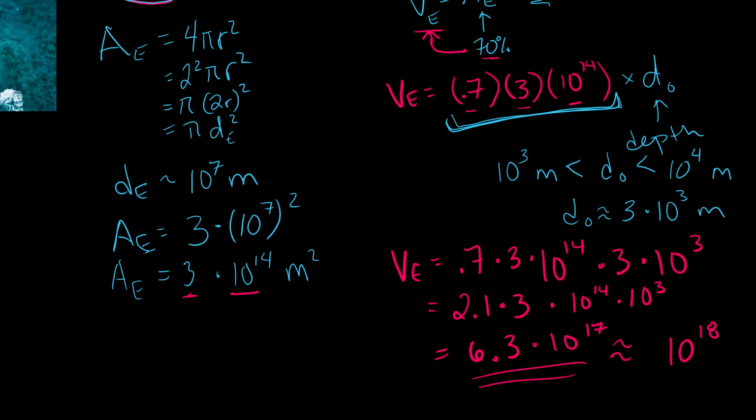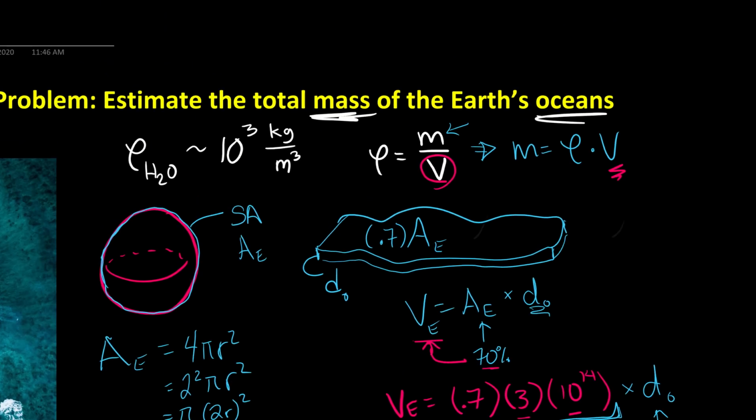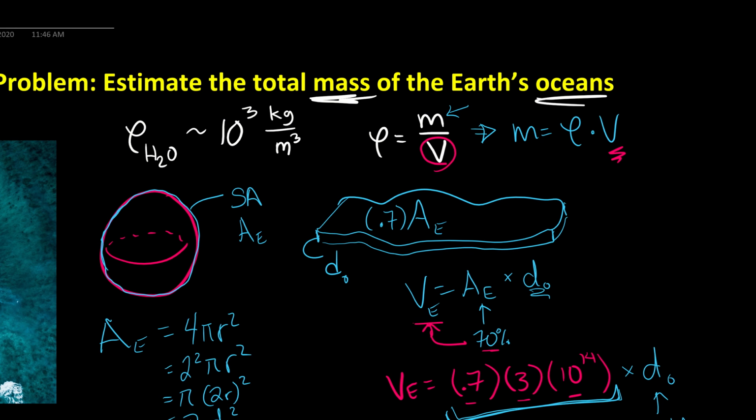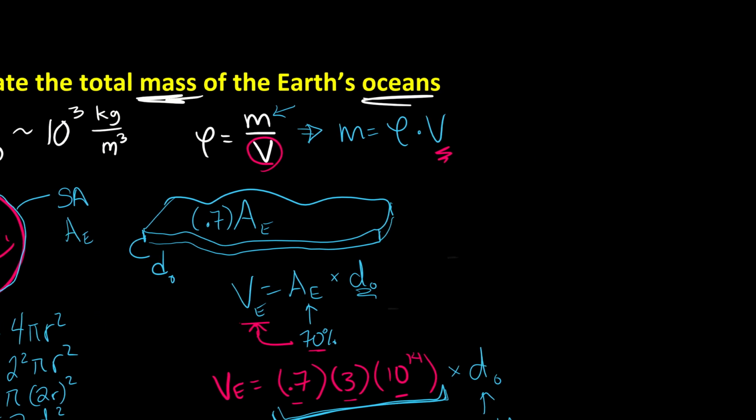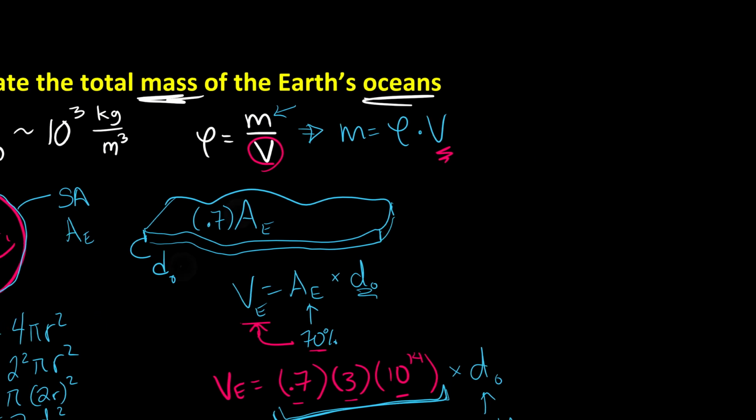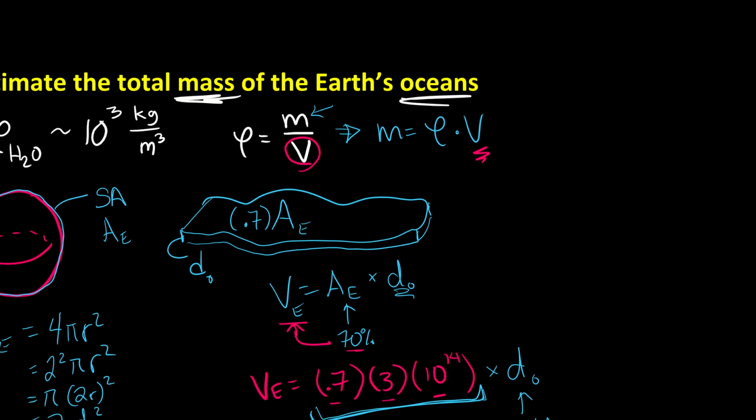That's our estimate for the volume, but we said that in order to find the mass, we need to take the density, which we said was 10 to the third, times the volume, which we just estimated as 10 to the 18th. Okay, so let's check out the units here. 10 to the third is kilograms per cubic meter.